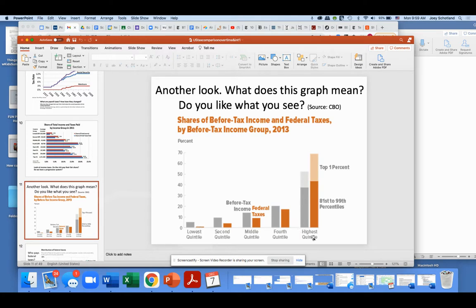On the other hand, let's look at the richest quintile, the richest fifth, the richest 20% of Americans. They pay a lot more than 20% of the nation's taxes. They pay about 40% of the nation's taxes, okay? Here you see the top 1%. They earn a lot of money. They also pay a lot in taxes. Are you okay with that?